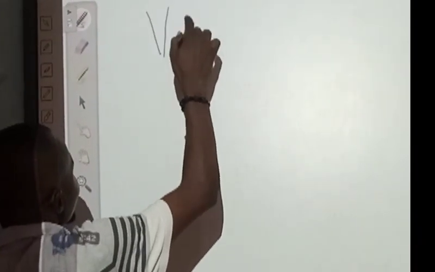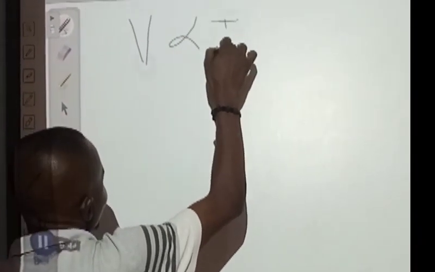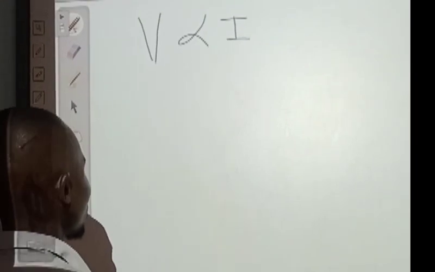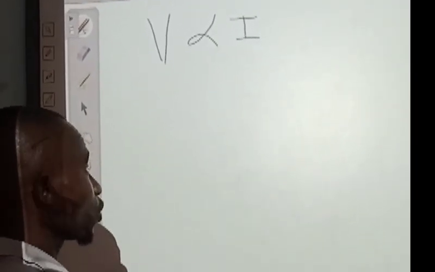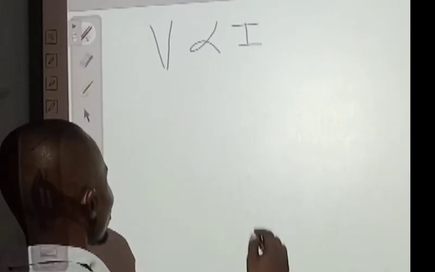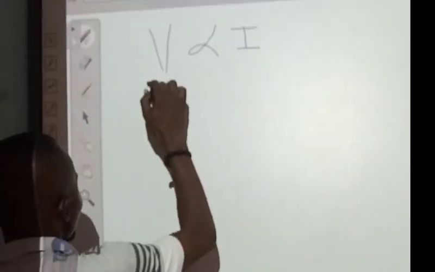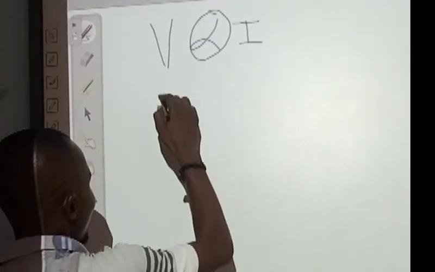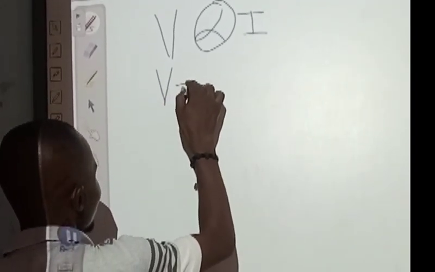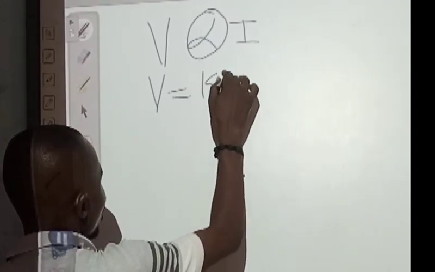Mathematically we have V is directly proportional to I, right? That is, the voltage is directly proportional to the current. So if I remove my sign of proportionality and introduce my constant K, V is equal to KI.